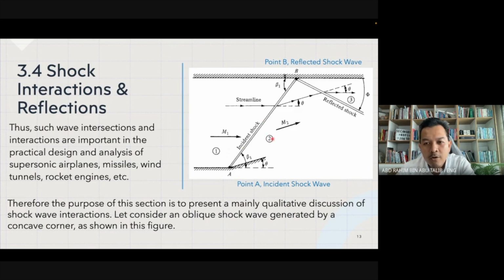It goes into region number 2 before it impinges on another wall. This is what we call the reflected shock. This is the incident shock, and this is the reflected shock. So we have another region to consider, region number 3. So we have region 1, region 2, and then region 3.